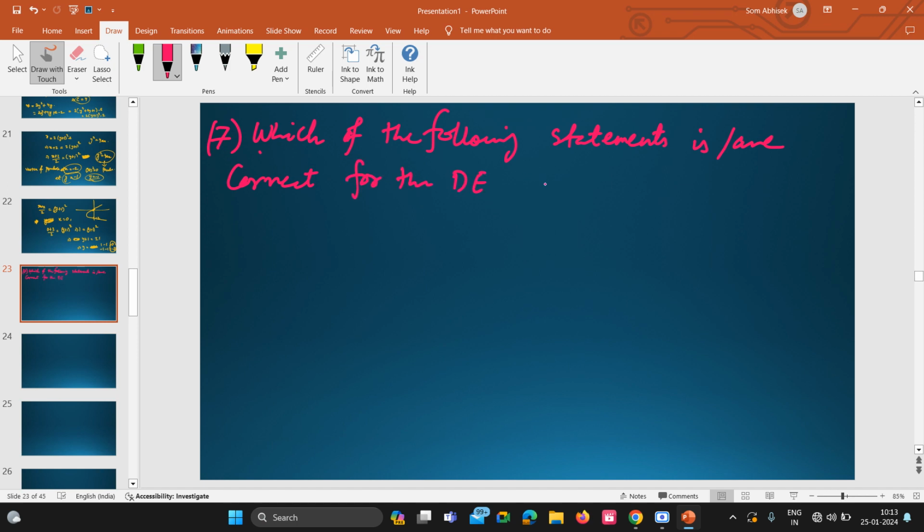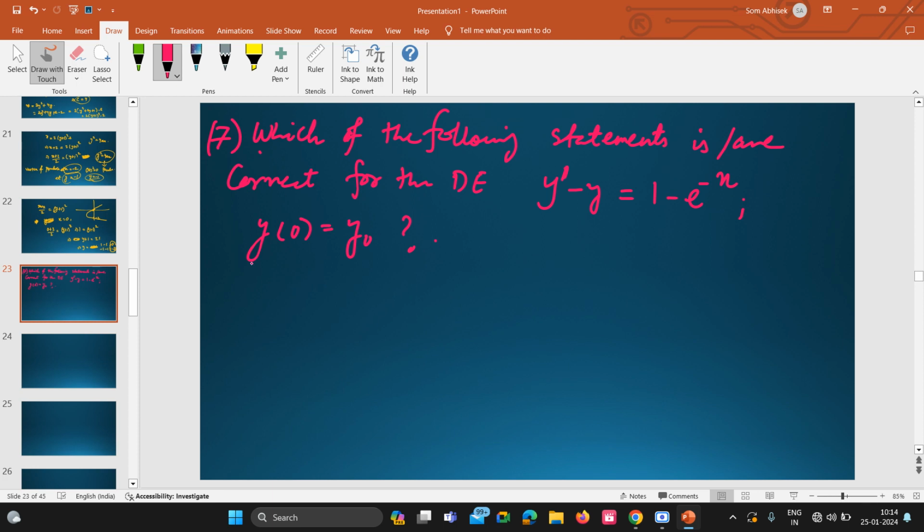Correct for the differential equation y dash minus y is equal to 1 minus e to the minus x, and y of 0 is equal to 1.